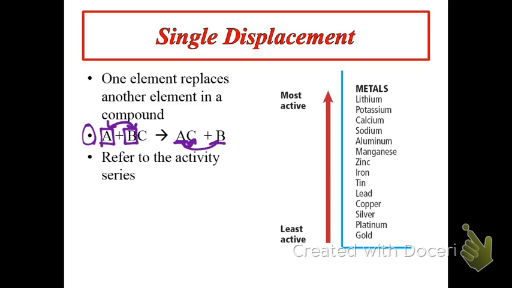C is dating A. C no longer wants to be with A, so they break up. So now C and A are together, and it's with B. If that kind of makes sense. Probably not, but you kind of get the point.